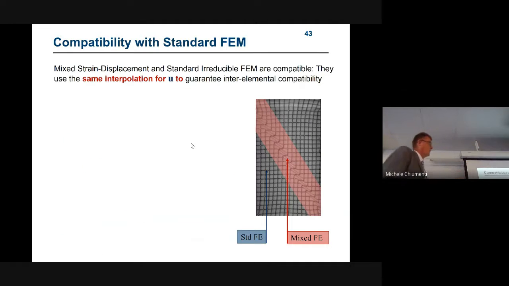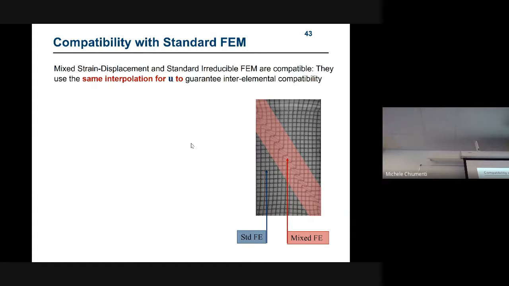Now, you could say, but if I have the strains at the nodes, the simulation is super expensive. It's clear because you have a lot of unknowns at each one of the nodes. Solution. The classical displacement-based formulation and the mixed formulation, both for the U-P or for the U-epsilon, are compatible with the standard one.